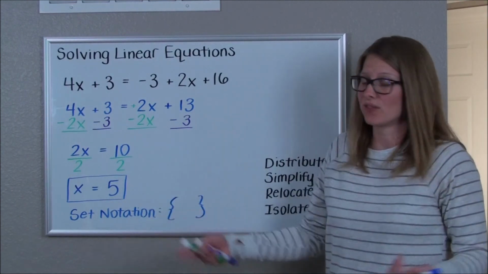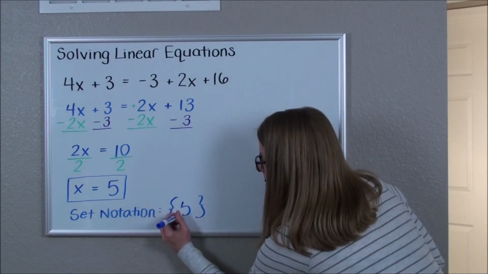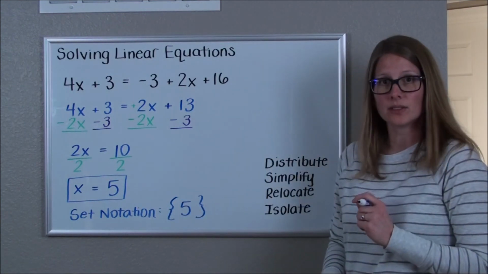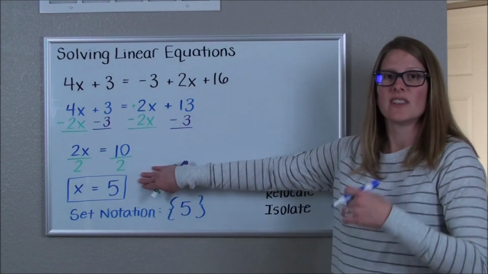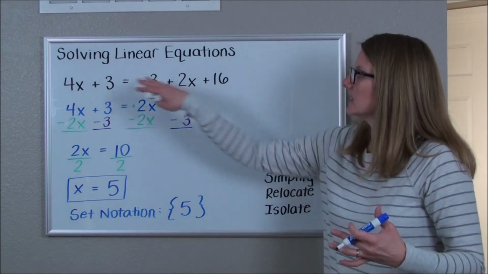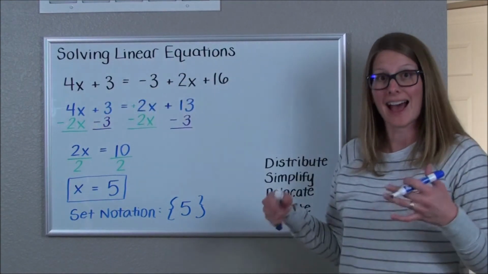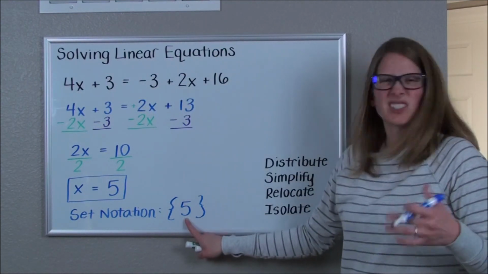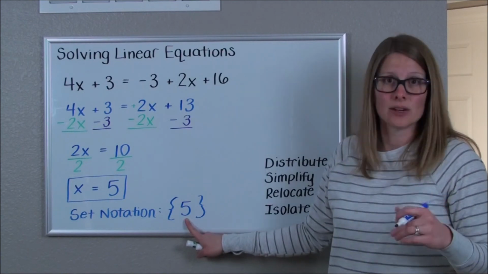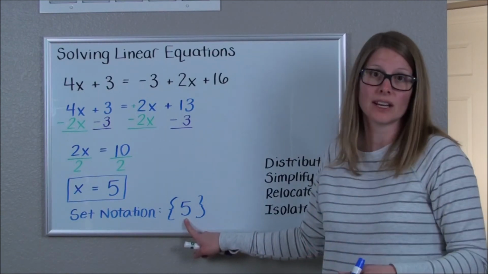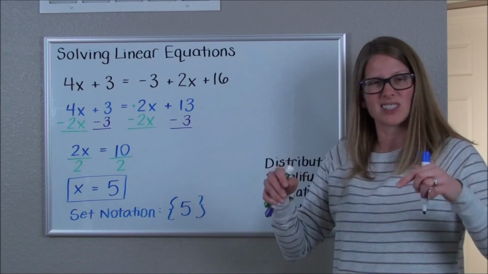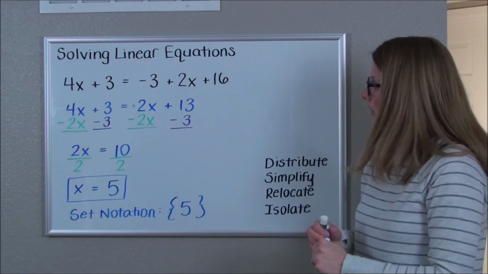My only answer is 5 though, so in this container, I'll just put that one solution of 5. So I've got my solution that x is 5, that's the value x needs to be to make the left side actually equal the right. And this is just that fancy way that we can say it as a set notation. Here's the collection of all answers. We use those curly braces just to say set in math language.